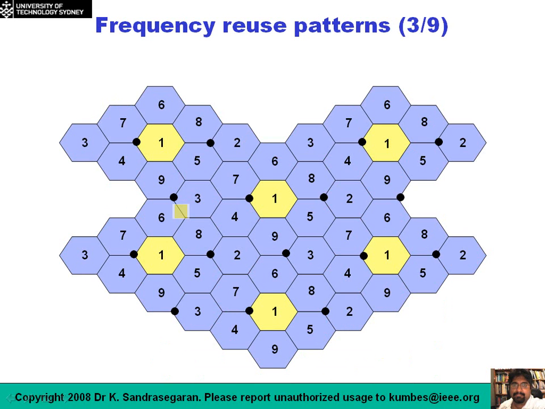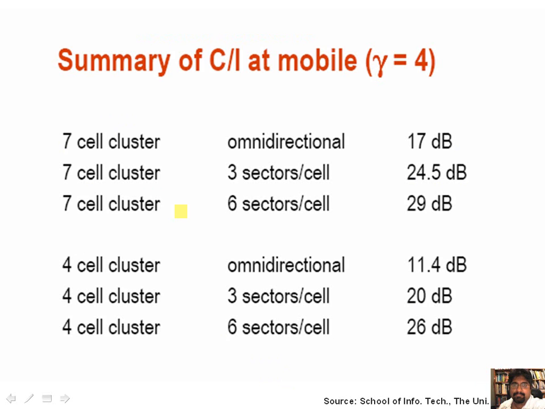Okay, this is another frequency reuse pattern that is referred to as a 3/9 frequency reuse pattern. Now with cell clustering, the more sectors that you can have in a cell, the better the carrier to interference ratio you can get.